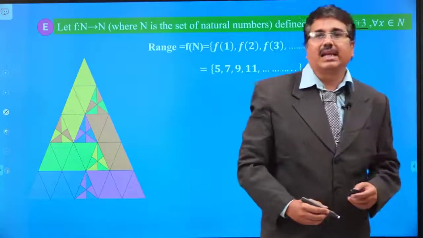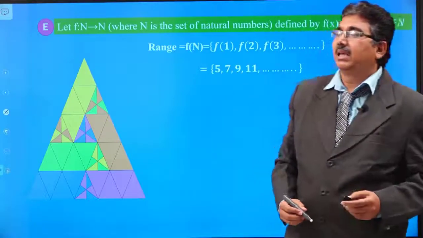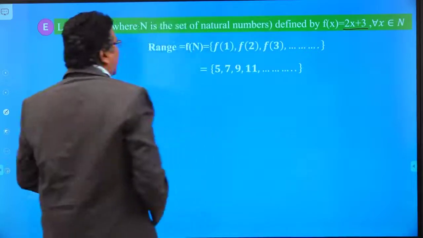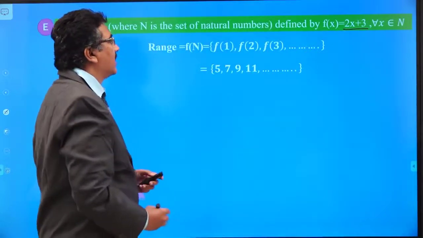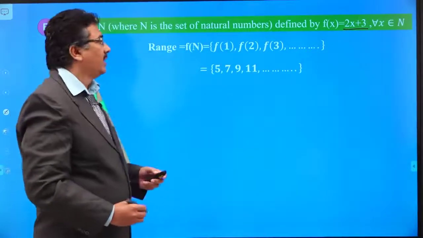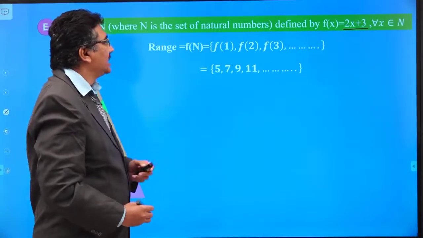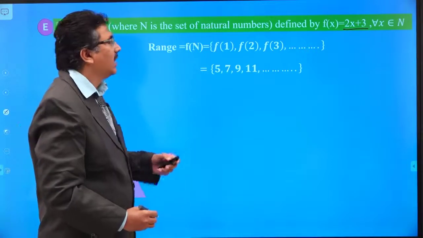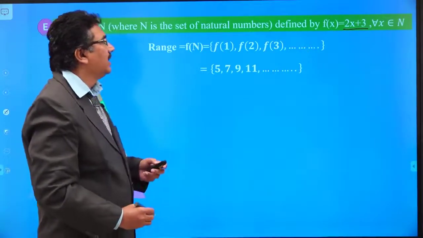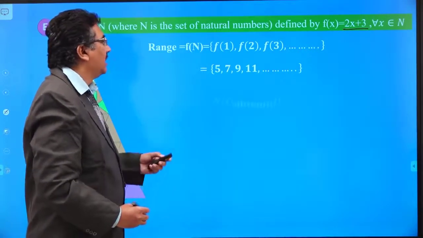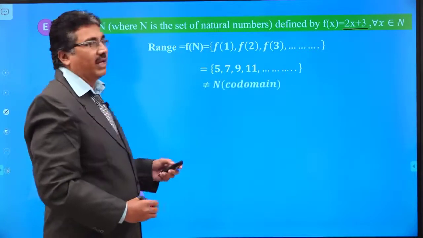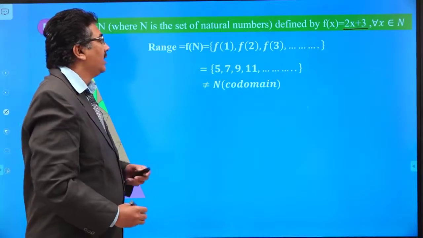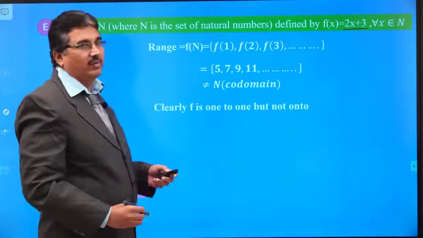Therefore, distinct elements in a domain have distinct images in codomain. So, clearly the function is 1-1. This range is clearly not equal to codomain. Therefore, f is 1-1 but not onto.